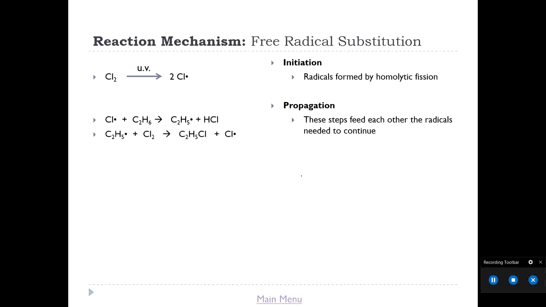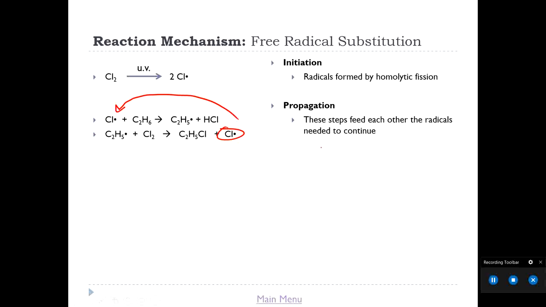That ethyl radical can then react with another chlorine, creating chloroethane as well as a chlorine radical. That chlorine radical then starts the whole process over, reacting with ethane, and so on, and it keeps happening in a cycle.